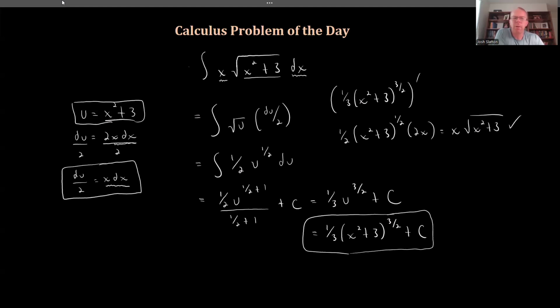Possibly when you get to calculus 2, you may have to do this twice. That could happen, I guess. But getting that u is the most important part. If you try it and it doesn't work, then try a different U. And usually there aren't that many possibilities to try before you hit the right one.